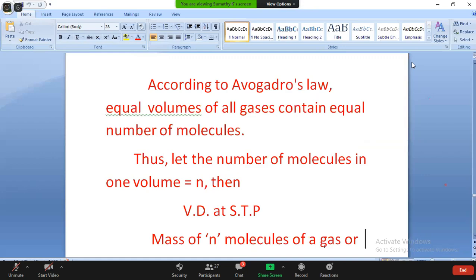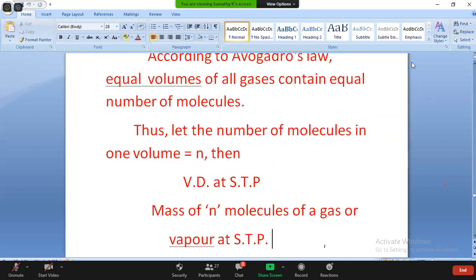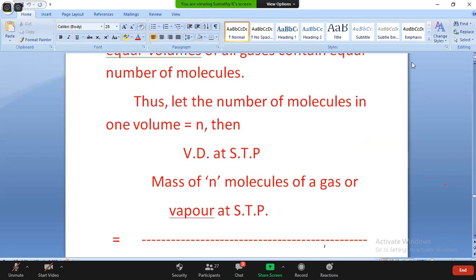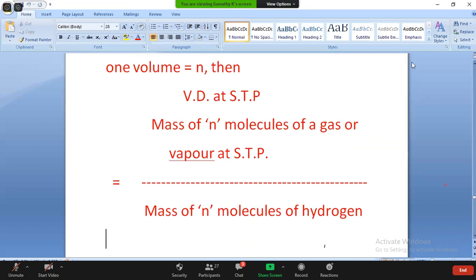So let the number of molecules in one volume be n. So the mass of n molecules of the gas or vapor at STP divided by the mass of n molecules of hydrogen. Already we said the mass of the volume of the gas is divided by the mass of the volume of the hydrogen.